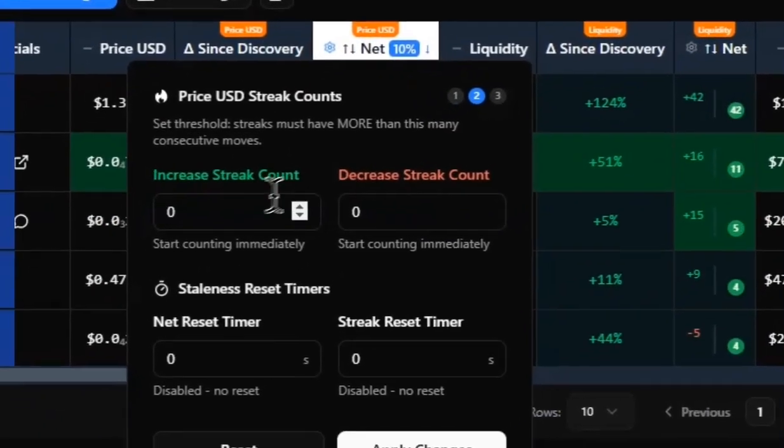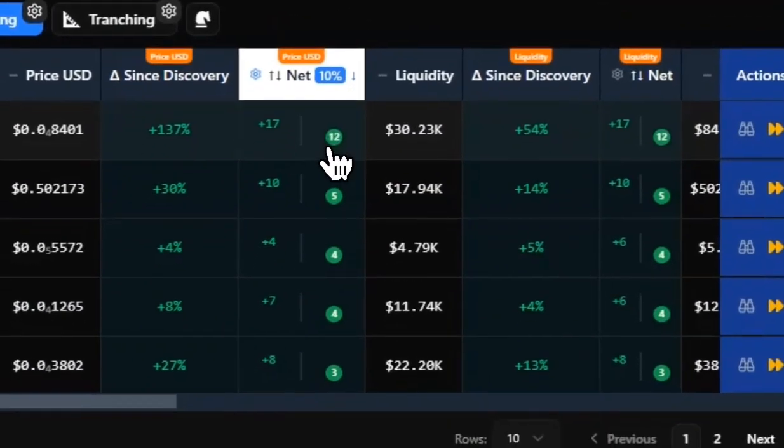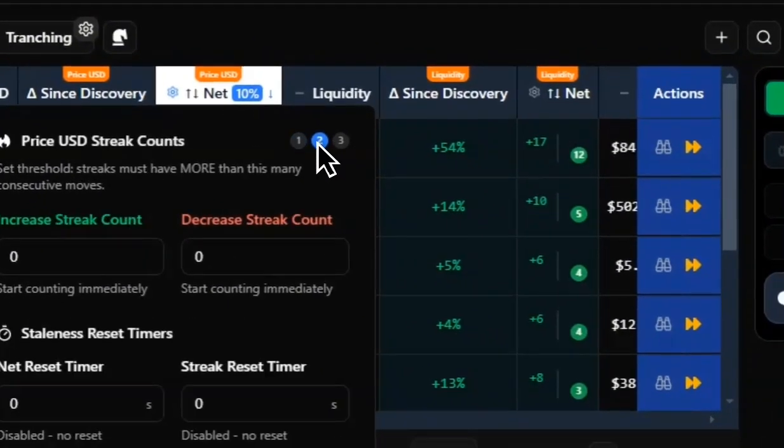The other thing is what we call the streak count threshold. So basically here, you're able as well to set a threshold to trigger a change in direction. So let's say, for example, our current meme coin, let me check here what we have, has 12 increases consecutively.